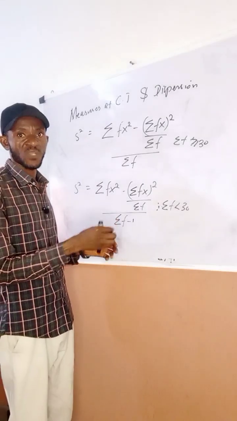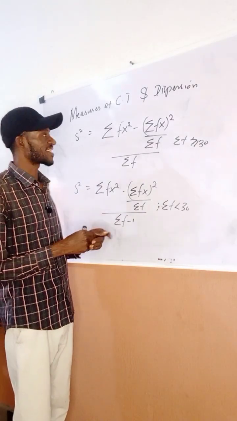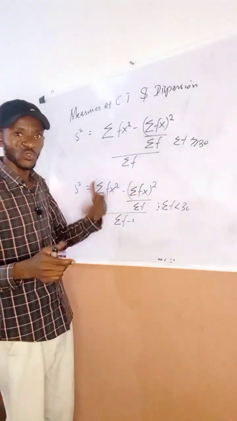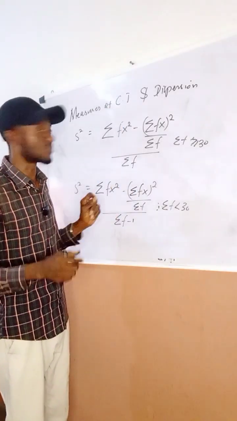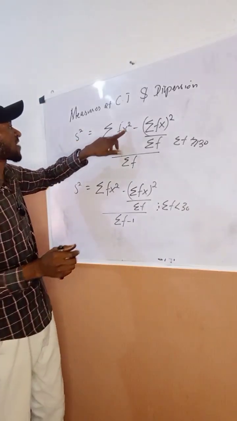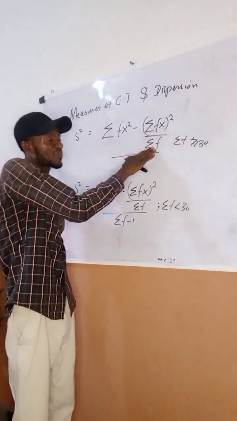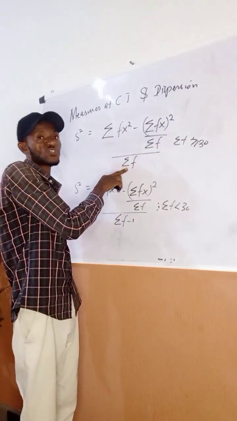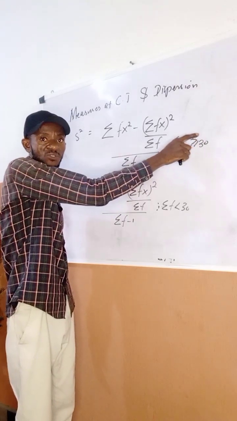So we just stopped at when we said let us write the computational formula. The computational formula we are going to use for calculating variance when we have an ungrouped frequency table is that S squared is given as summation of fx squared minus (summation of fx) all raised to power 2 over summation of f, all over summation of f when summation of f is greater than or equal to 30.